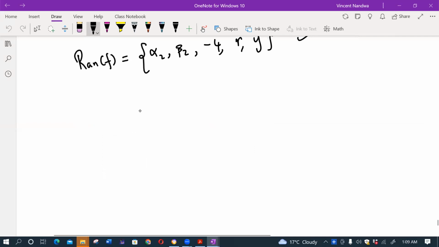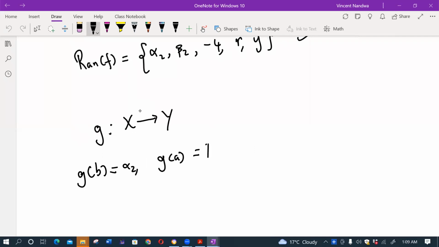Then g, the function from set x to set y, such that g of b is alpha 2, g of a is beta 2, g of 13 is minus 4, g of k is r, and g of w is y.